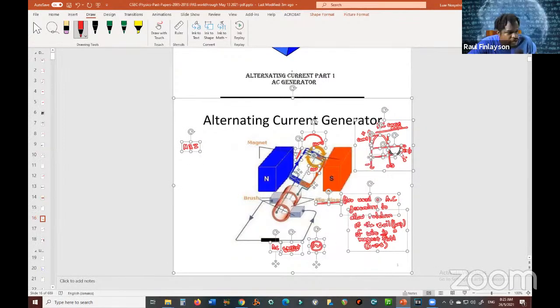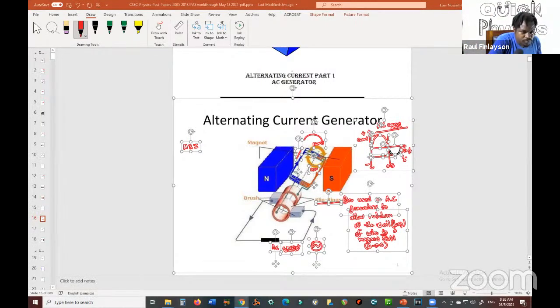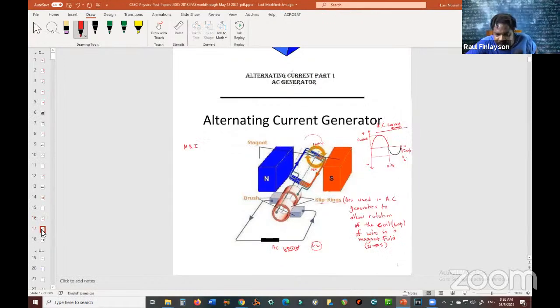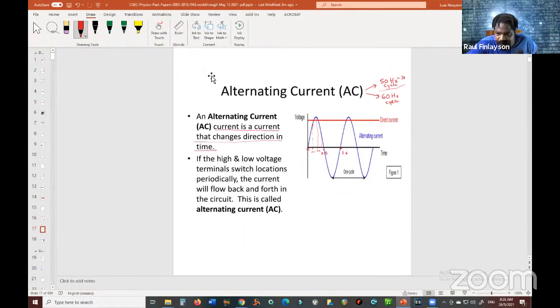Copy this. AC current. AC generator. All right. Then there was the definition for AC current.